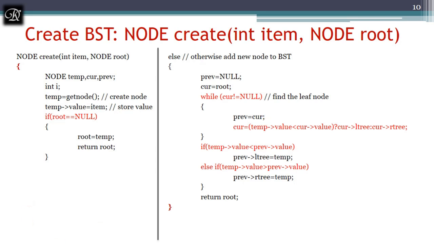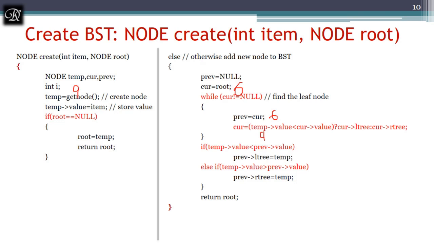I'll take up a pen. Now root is 6, current is also 6, current is not equal to null, yes, it is true. Now previous is 6. Now check current is equal to, I'm having a conditional operator over here, temp is having a value 9. I have got a temp over here with a value 9.